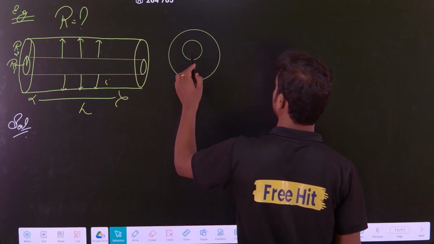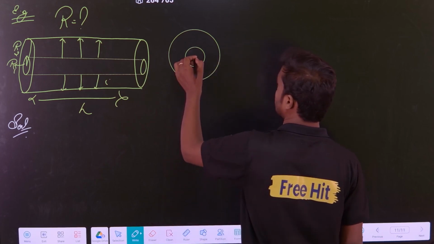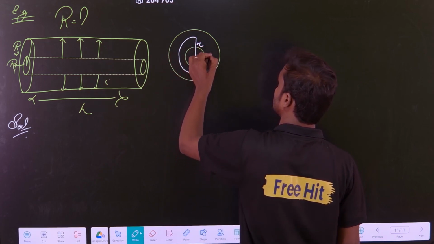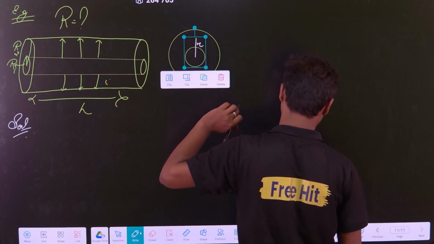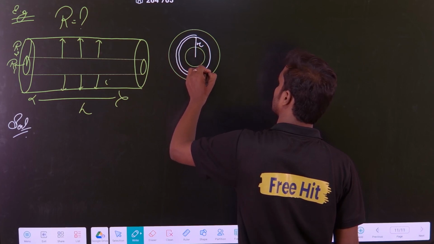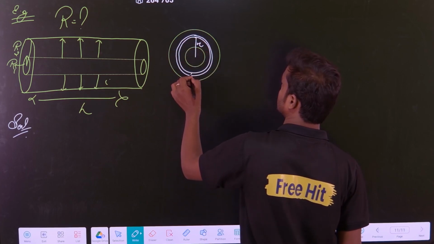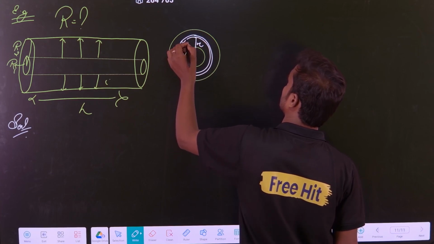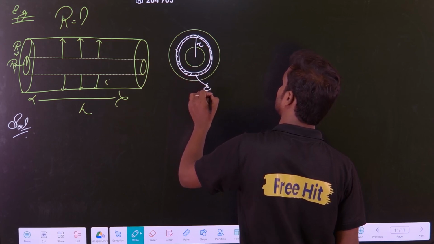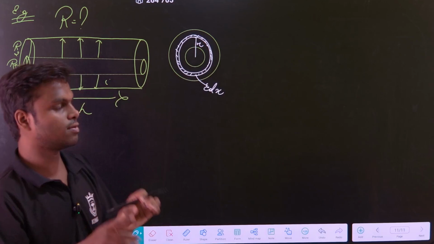From the center I will go to a distance of x, and I will take a very small disk, whose thickness will be dx. A small strip I will cut, whose thickness will be dx.